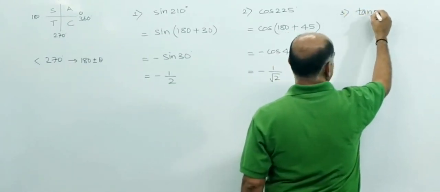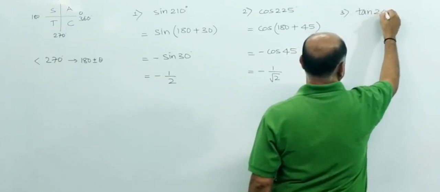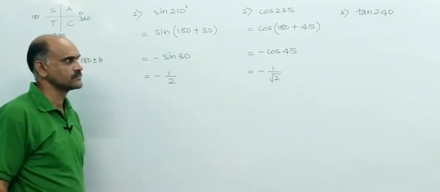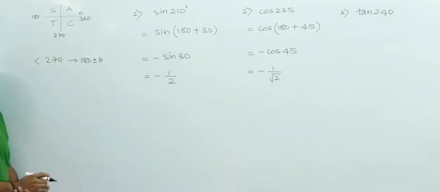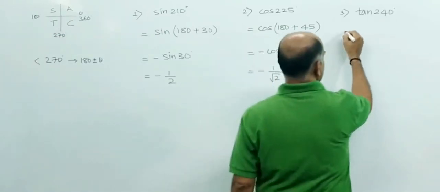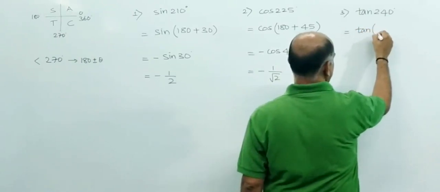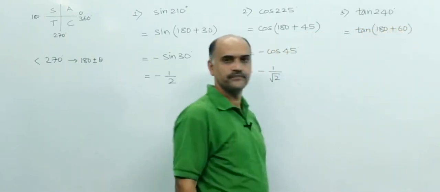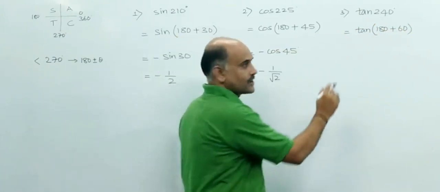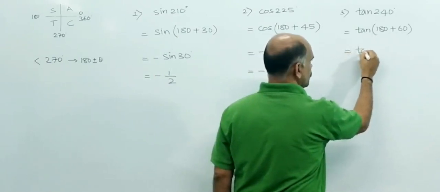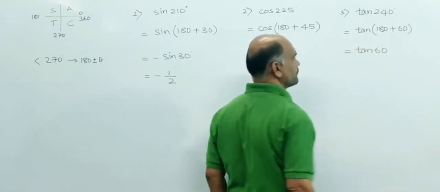Tan 240 degree. Tan 240. Again 240 can be written as, very good, 180 plus 60. So tan 180 plus 60. So again now leave this 180, you will have tan 60.